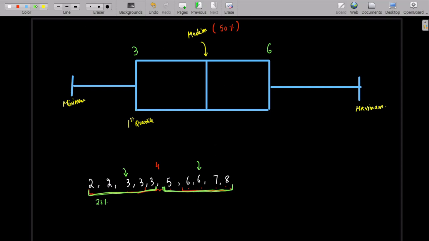So that is your third quartile, and median is the second quartile. So these three quartiles divide the entire data in four equal parts.